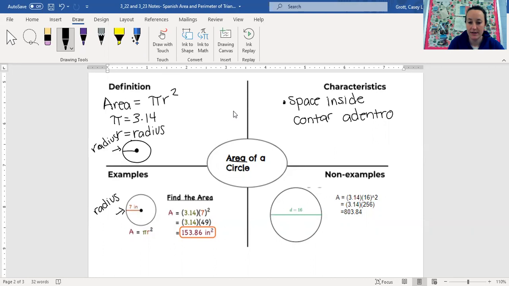A non-example over here, they use D, which is the diameter, which is not the radius. So that's why this one is a non-example. Okay, diameter goes all the way across, radius only goes halfway across. So we're going to use those formulas to try to find some area and perimeter of some irregular looking shapes.